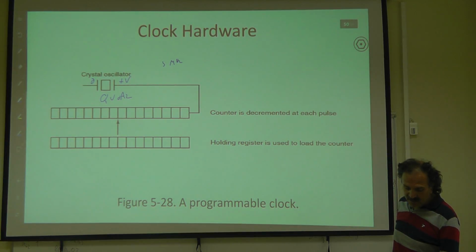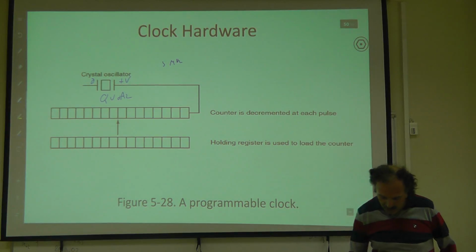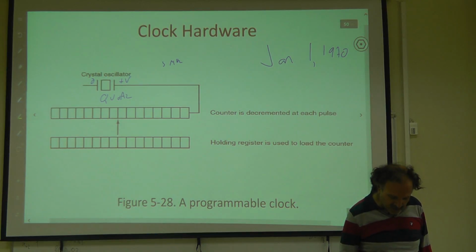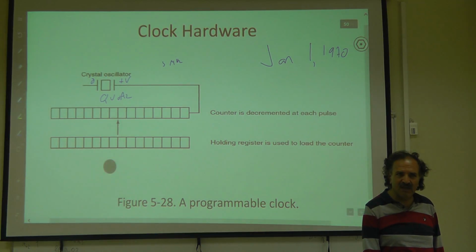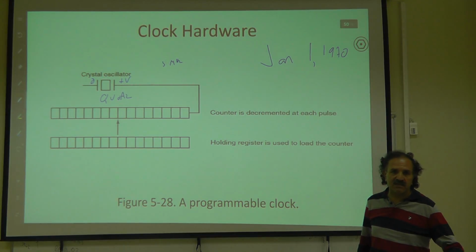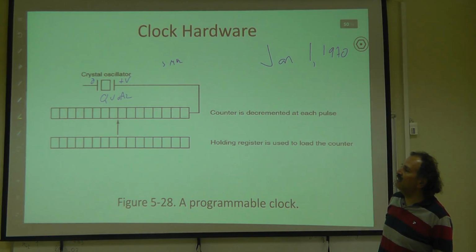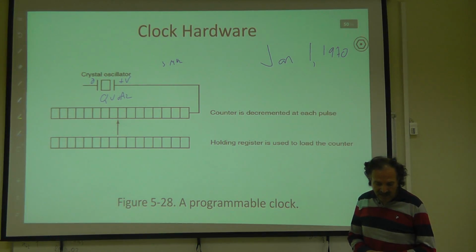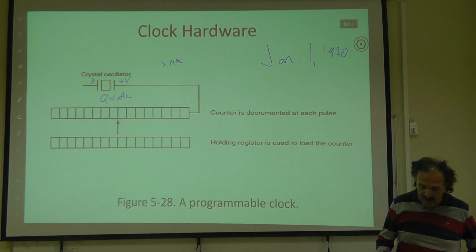For Unix systems, this is the seconds that have passed since January 1st, 1970. For Windows, I think this is January 1st, 1984 or something. So they keep counting all those seconds that passed since that time. This is the whole idea behind the clock hardware.